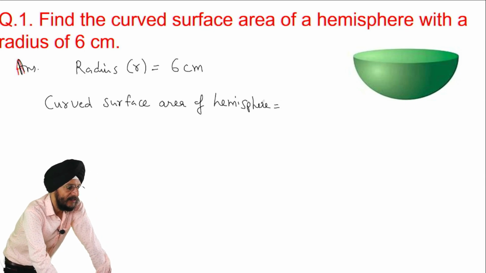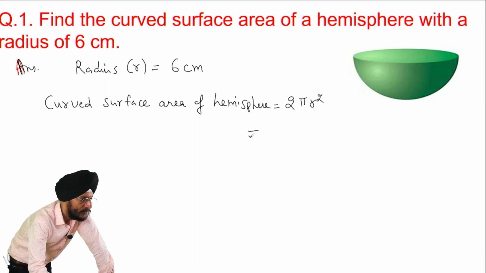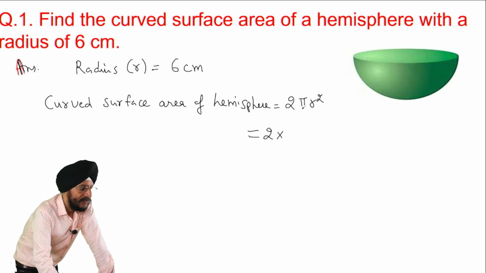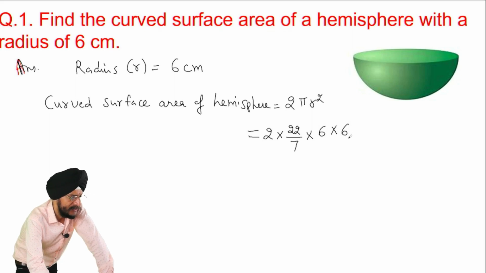We have already learnt that we can calculate the curved surface area of hemisphere by the formula 2 pi r square. So now we will put in the relevant values. We know that pi is a mathematical constant and which is represented by 22/7. Now we will put in the value of r square. R is 6, so we will put 6 again.